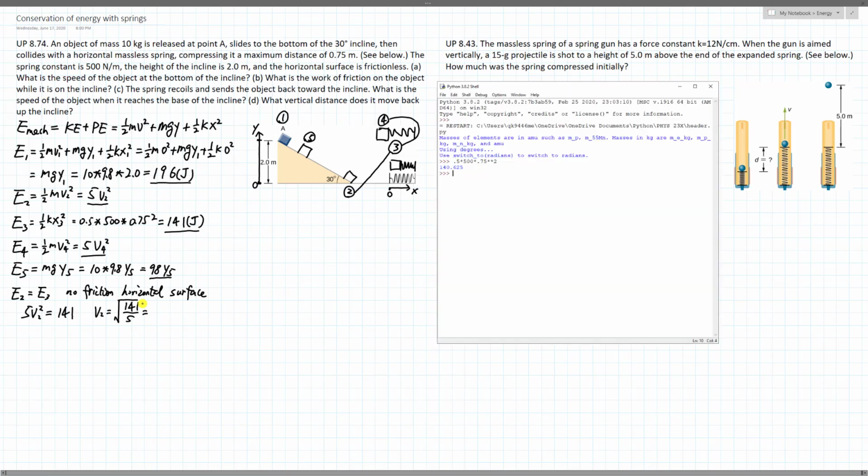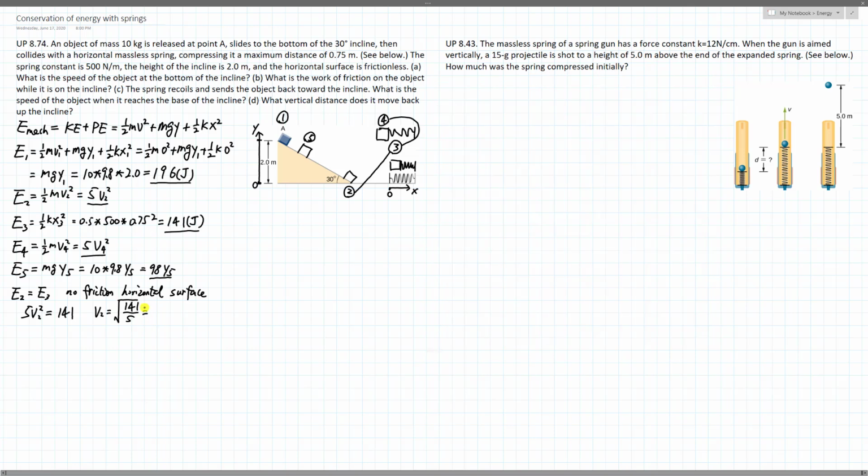We have 141, but okay, let's use this keyboard. The underscore represents the last answer, the 141 over 5. Then raise it to the power of 1/2. So we have 5.30 meters per second.